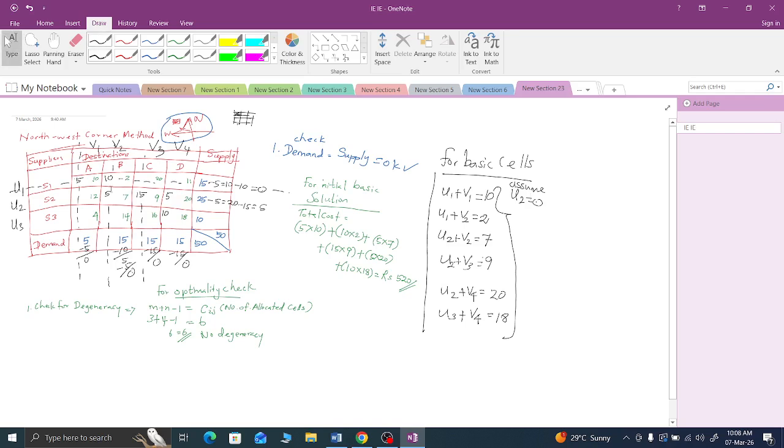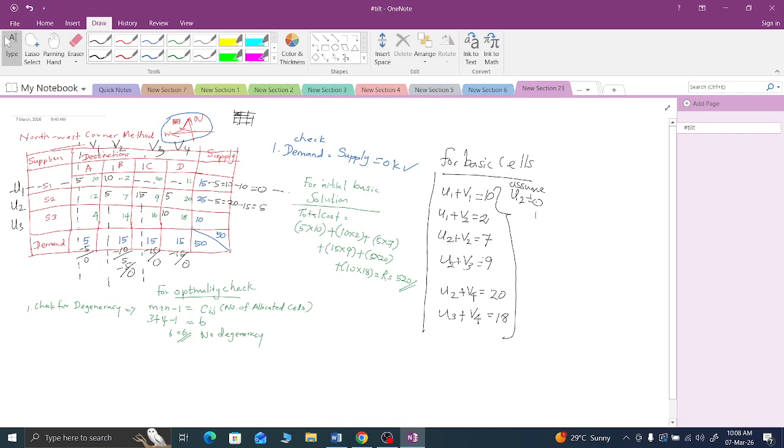We have to select the maximum allocation row. The maximum allocation row in this question is u2, so I am selecting u2 equal to 0. If the u1 row had the maximum allocations, say 4, we would have to make u1 as 0. That is the first thing we have to do.